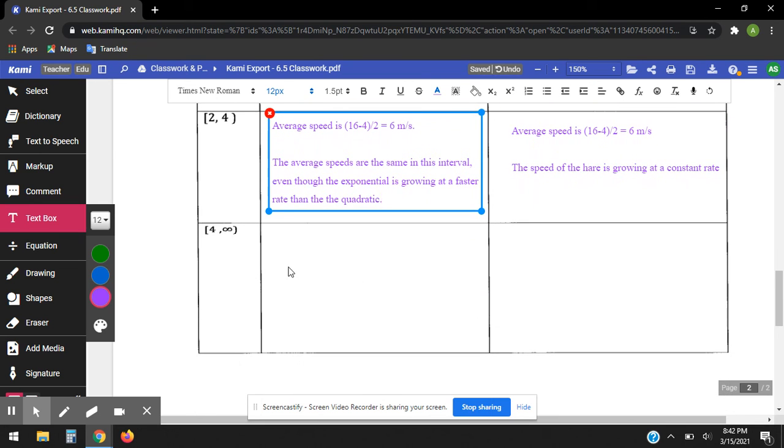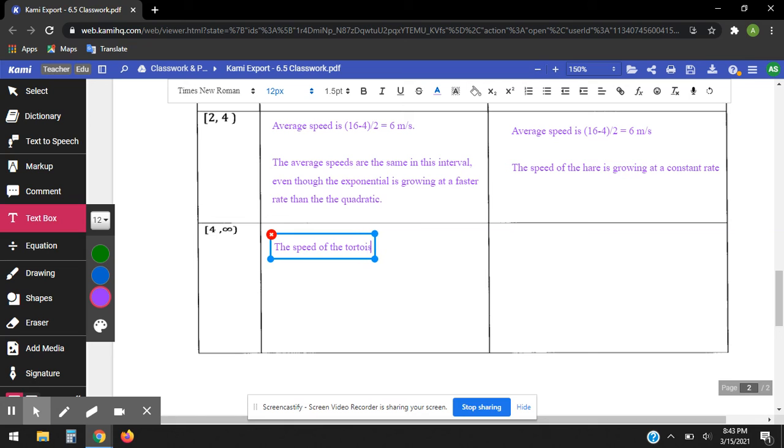Okay. Now if we go from 4 to infinity, well, how are we going to do this? Well, we don't have an average speed because we're going to infinity, but the speed of the tortoise continues to grow, making the graph shoot up.